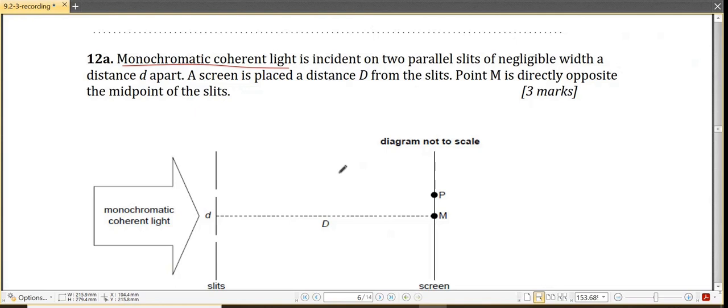A screen is placed D from the slits. Point M is directly opposite the midpoint of the slits. Of course, we know that the directly opposite point will always be a bright spot. Okay, moving on.